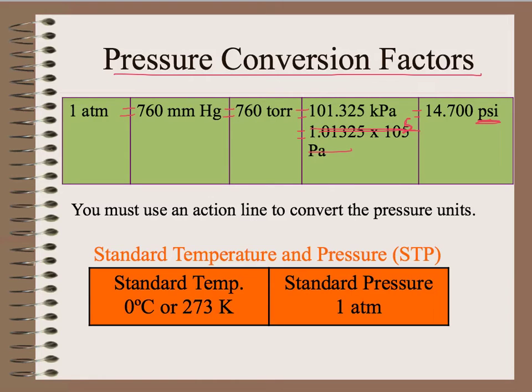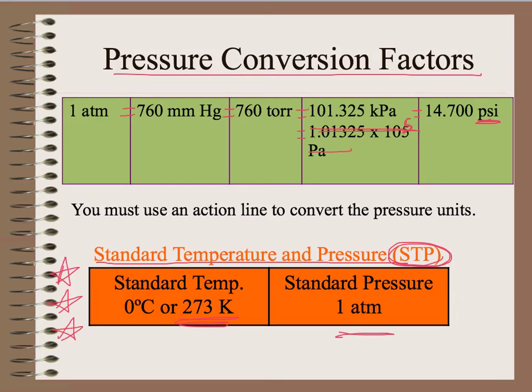Here's another thing that you want to write: standard temperature and pressure. It's called STP. I want you to put 3 big stars next to this one. Standard temperature is 0 degrees Celsius, but remember, with gases we don't use Celsius, we use Kelvin. So 273 Kelvin, and standard pressure is 1 atmosphere.